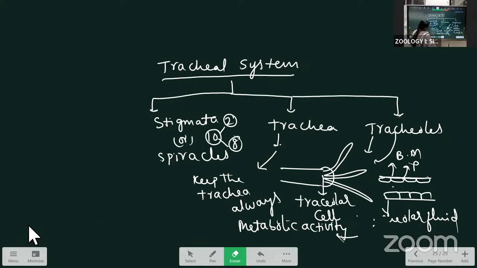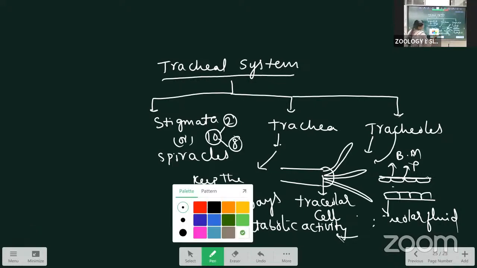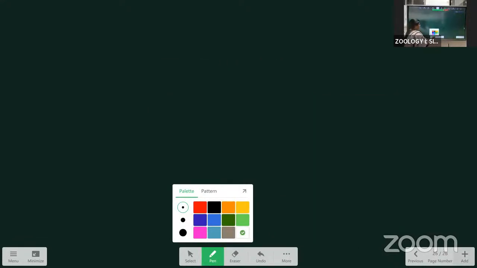I'll draw the diagram. You observe. I'm drawing, and you also draw the same way. Just put a dotted line.